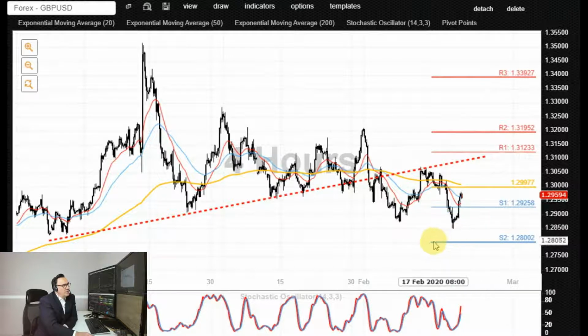128.70, possibly even 128. Alternatively, if we see an oversold bounce back and a spike higher and a breakout above 1.30, then the next logical resistance on the upside is up here at 131, 131.23, as indicated by this, as I said, previous support trend line, which is now going to be referenced as resistance, and also R1 in pivots.